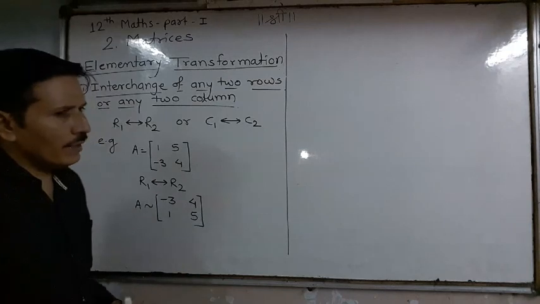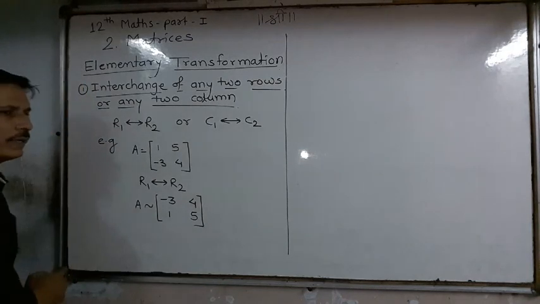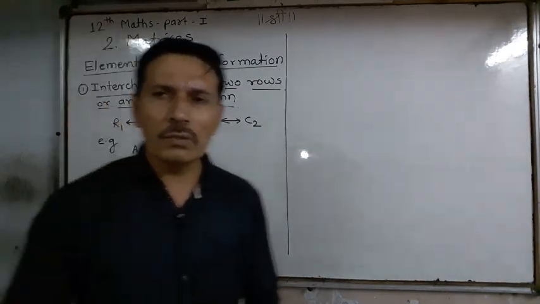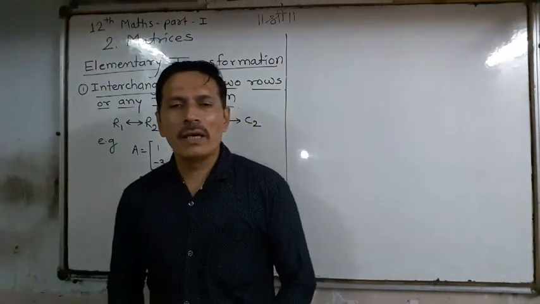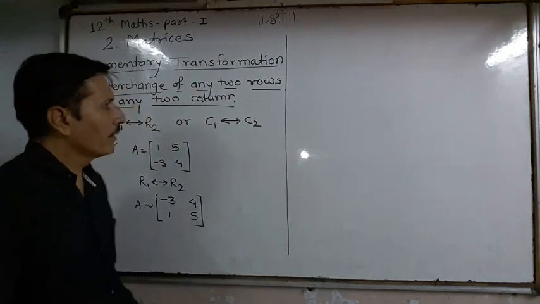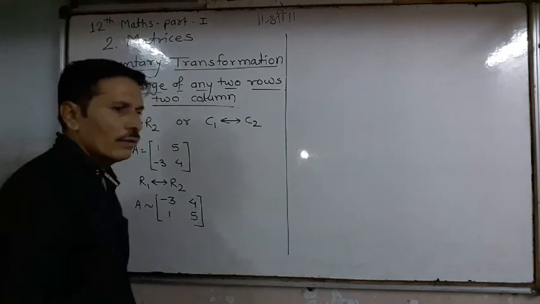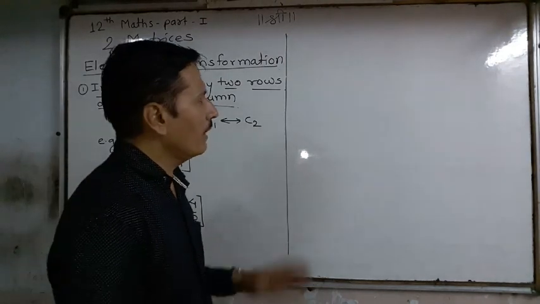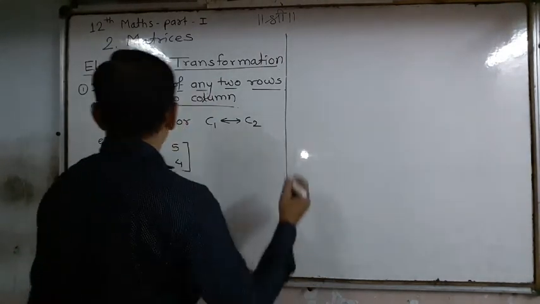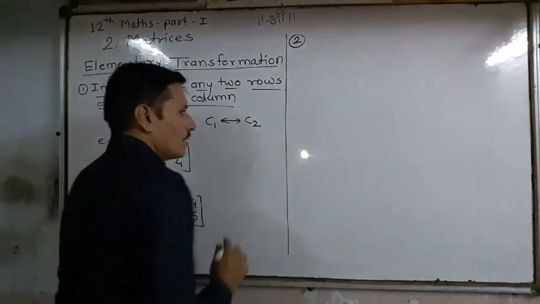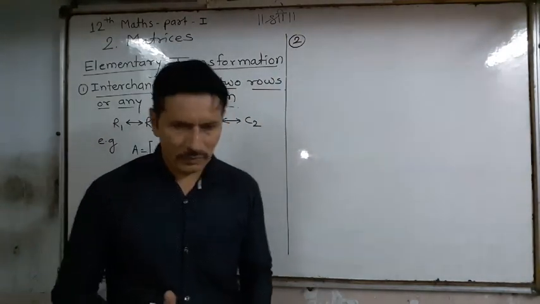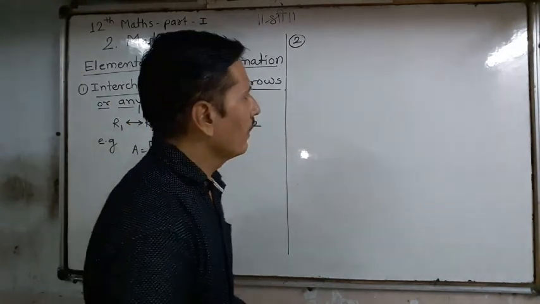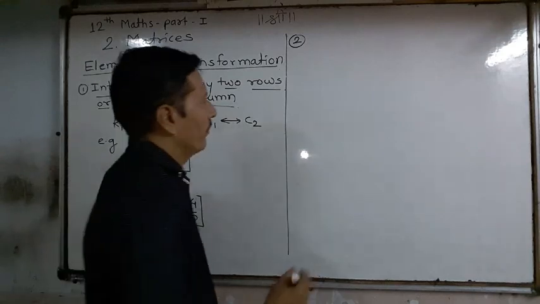Now the second elementary transformation is multiplication of the elements of any row or column by a non-zero scalar.